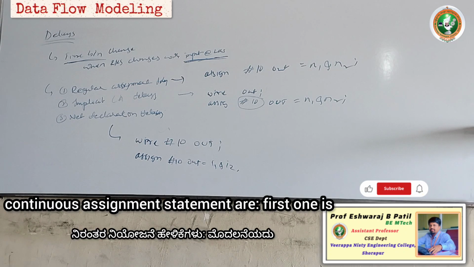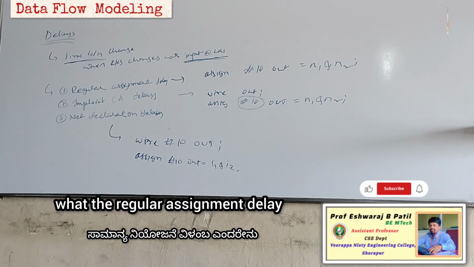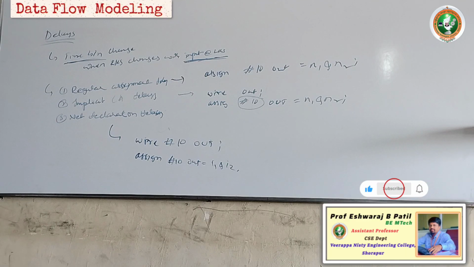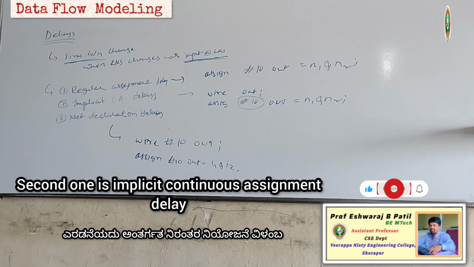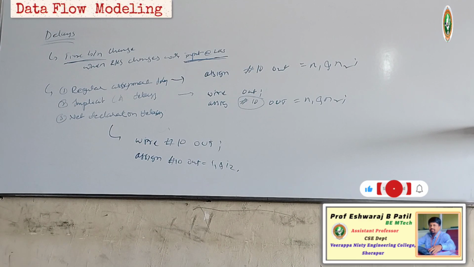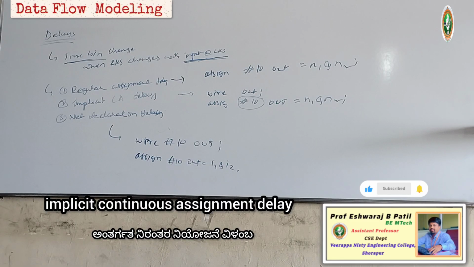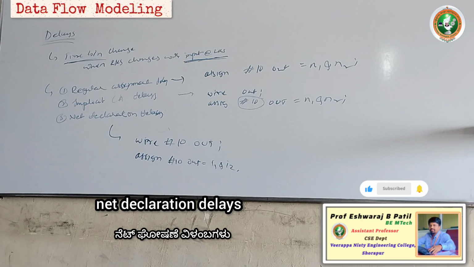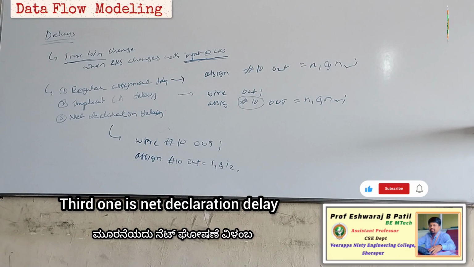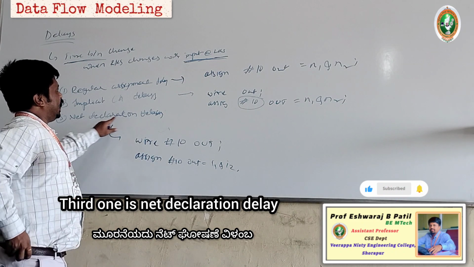First one is the regular assignment delay. Second one is the implicit continuous assignment delay. Third one is the net declaration delay.